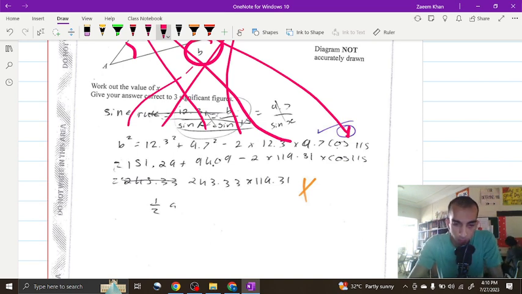Let me confirm whether your answer is correct. 12.3 square plus 9.7 square minus 2 into 12.3 into 9.7 cos of 115.